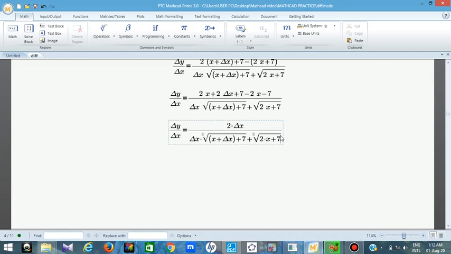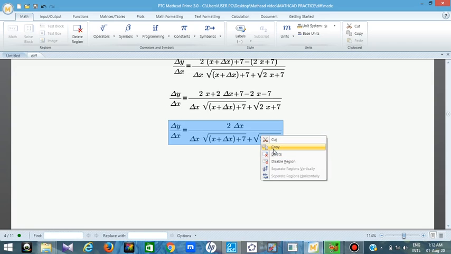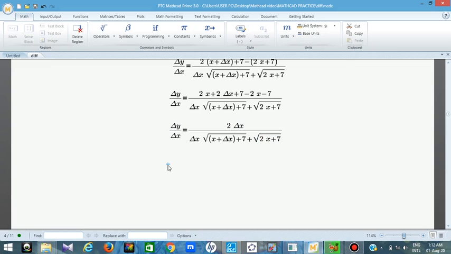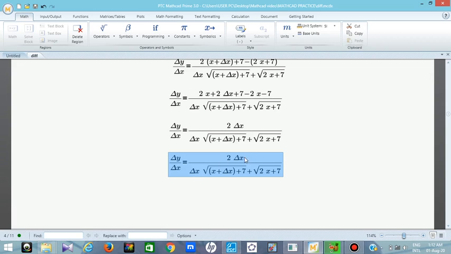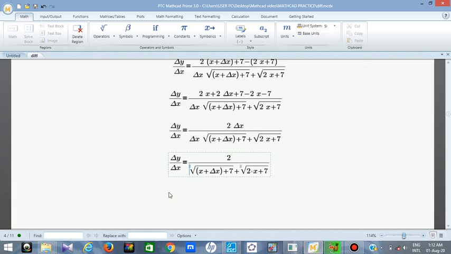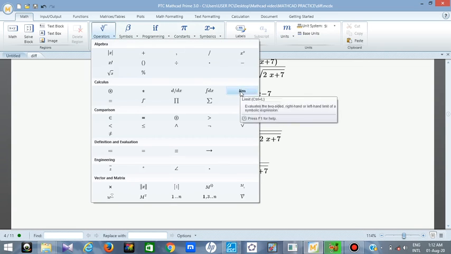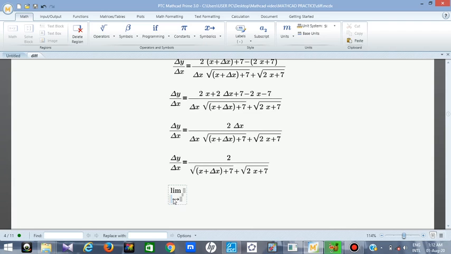So in the next step, delta x will cancel out delta x, so we don't need delta x here. That one will go, and this will also go. So this is all for that. Then the next thing is to get the limit of delta y over delta x. When you get the limit, you set delta x to 0.